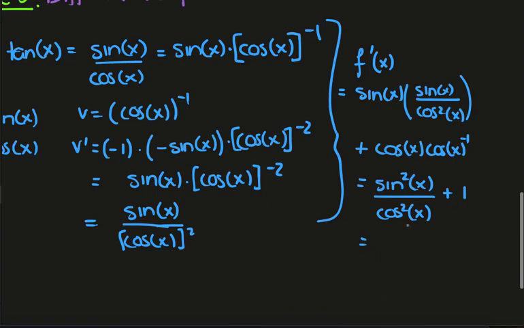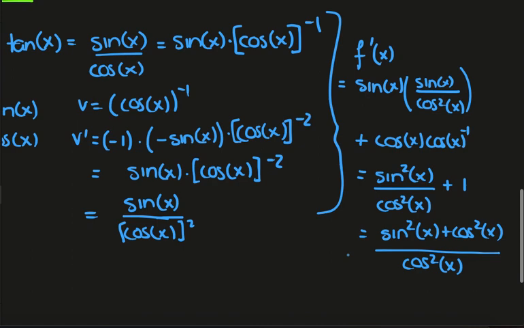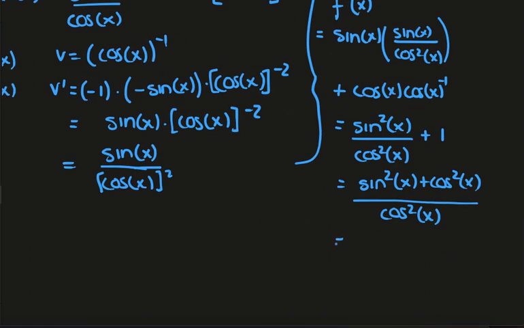Now I can make this a common denominator, and I'll have sine squared x plus cos squared x all over cos squared x. And by the Pythagorean identity, we know that sine squared x plus cos squared x is 1.